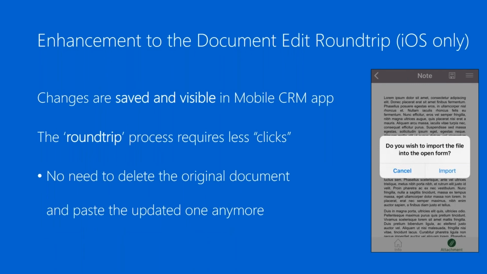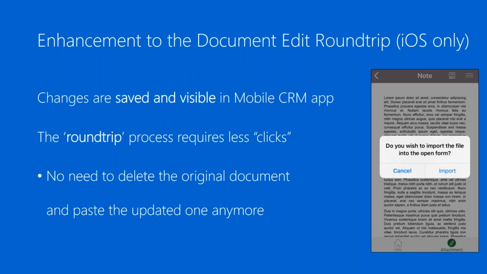Within the latest summer release, we've made some enhancements to this process on the iOS platform. So right now the changes are saved and visible in the mobile CRM app, and basically the round-trip process, as we call it, requires fewer interactions, fewer taps on the screen. Therefore, it's more intuitive, more straightforward for the user.